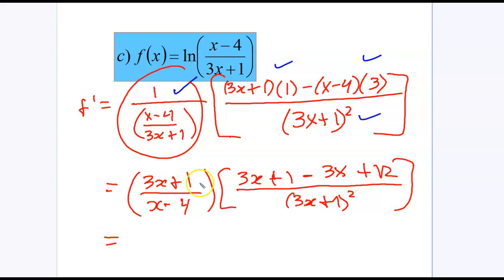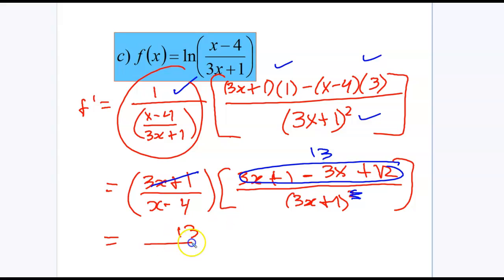So now this 3x plus 1 cancels out one of those. Inside this numerator here, I collect like terms and get 13. So my final answer is going to be 13 over x minus 4 times 3x plus 1. And that would be my final simplified answer.